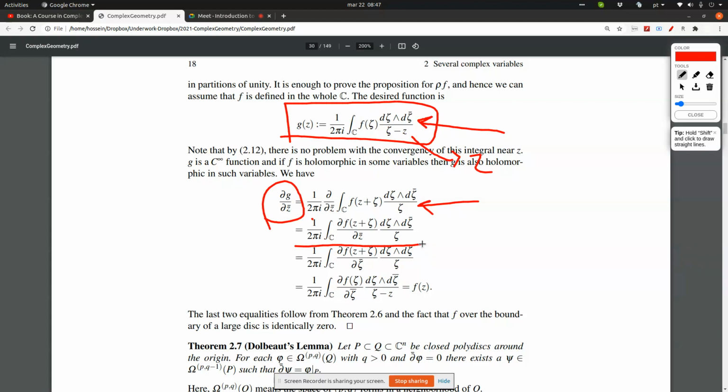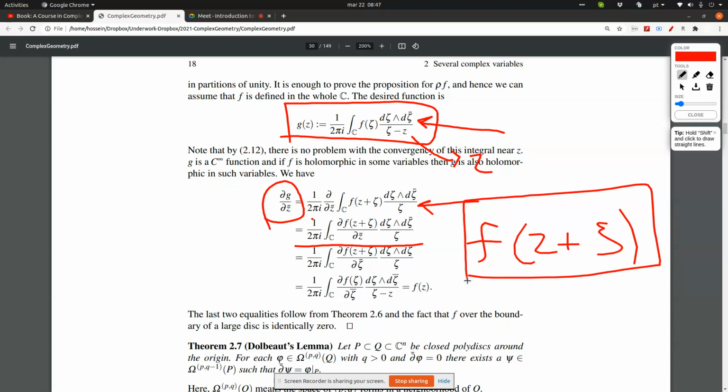And after going inside, there is a very nice trick here: since this is f(z plus zeta), you change the derivation with respect to zeta bar, because your function f is symmetric in z and zeta. Once you do this, you write again your function in the original format.